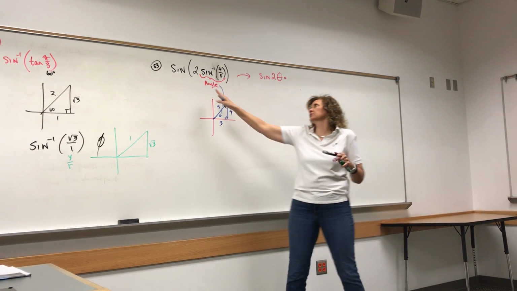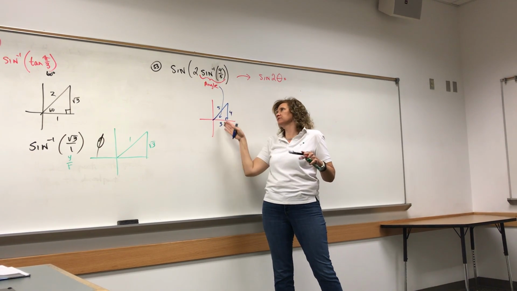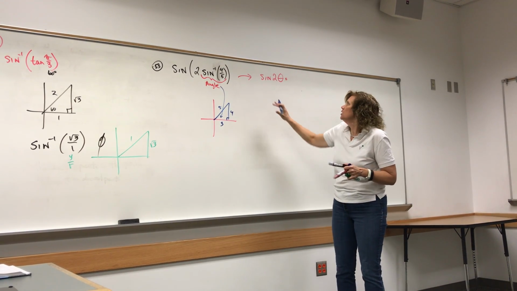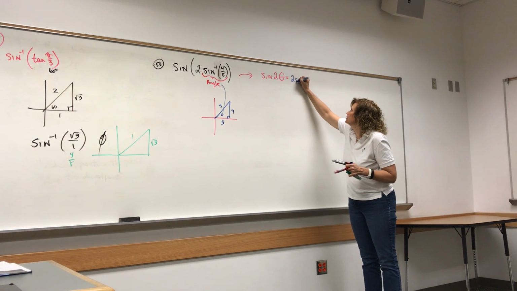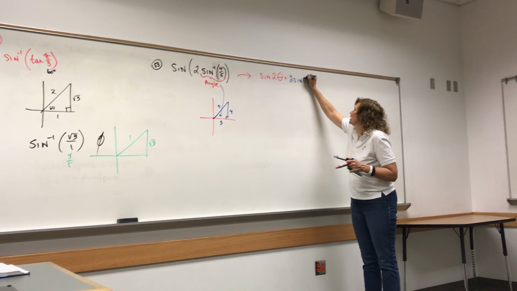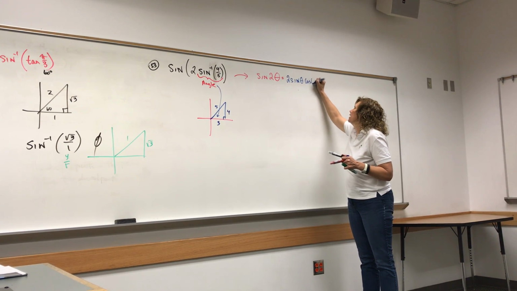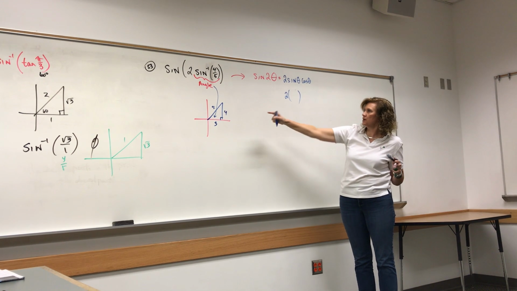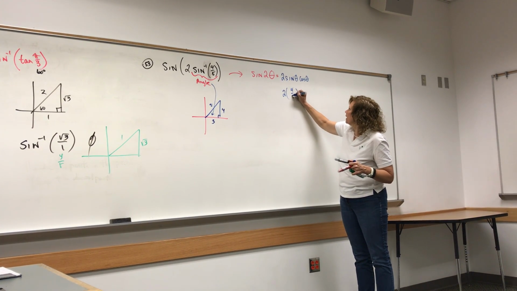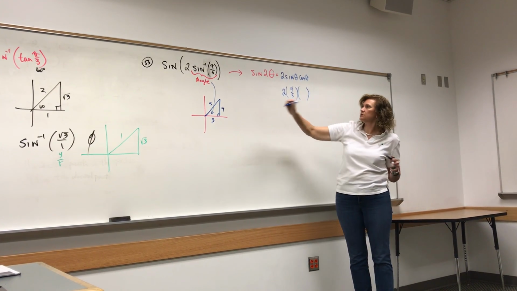Now, be careful, don't ignore the 2, because you might say the sine of this angle is 4/5. But we want the sine of 2 times the angle, and using our formulas, it is 2 sine of the angle cosine of the angle. So we've got 2 times the sine of that picture, which is 4/5, and the cosine of that picture, which is 3/5.